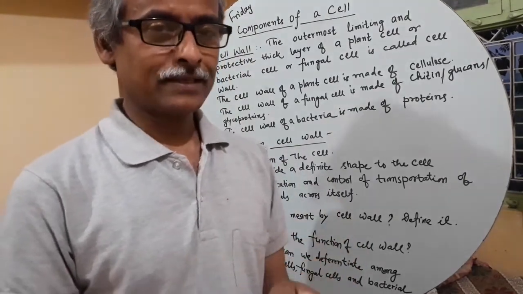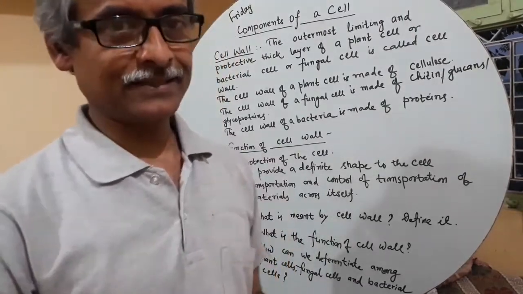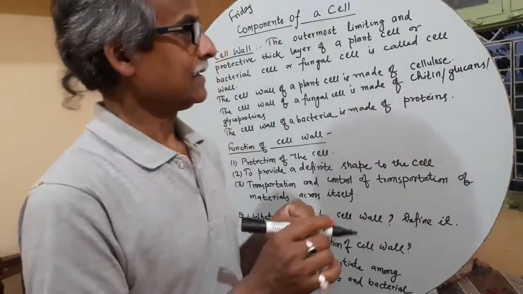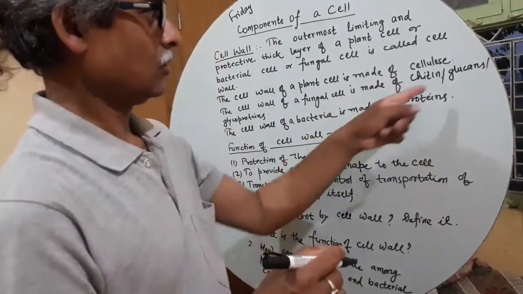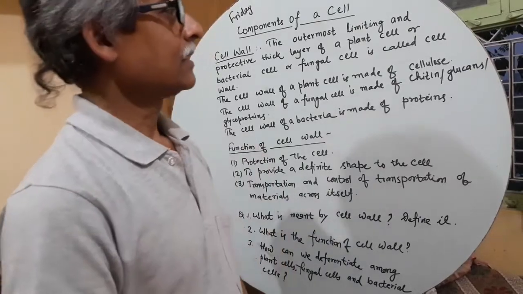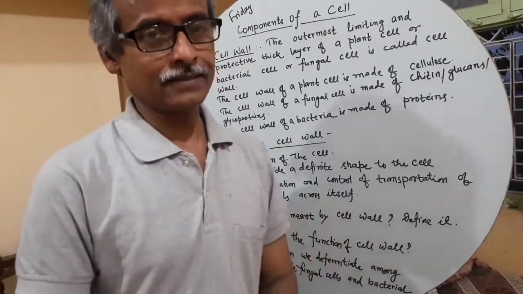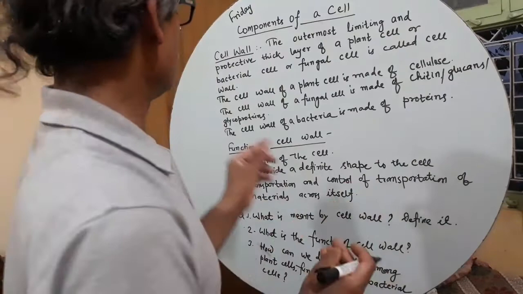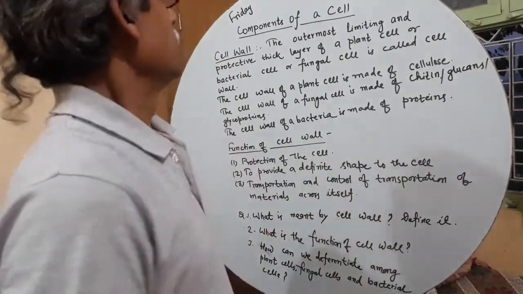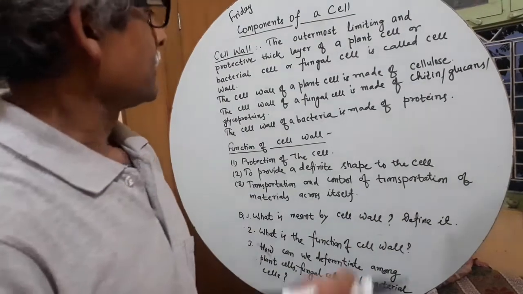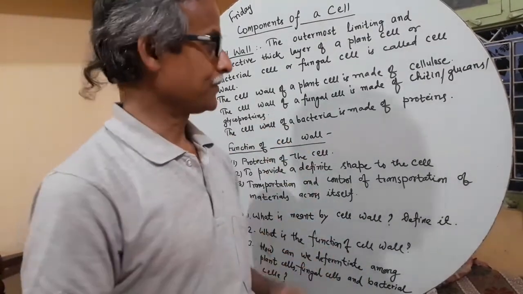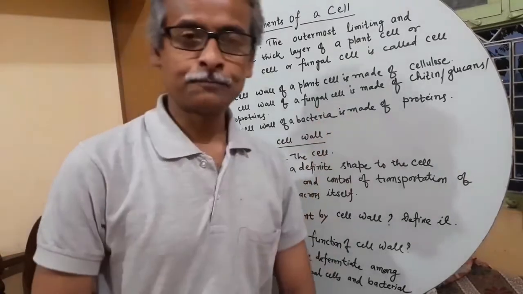So if we study the cell of these fungi, we find that their cell wall is made up of chitin or glucan or glycoprotein. These are the materials which are made up of glucose and protein. But the cell wall of a bacteria is made up of proteins.